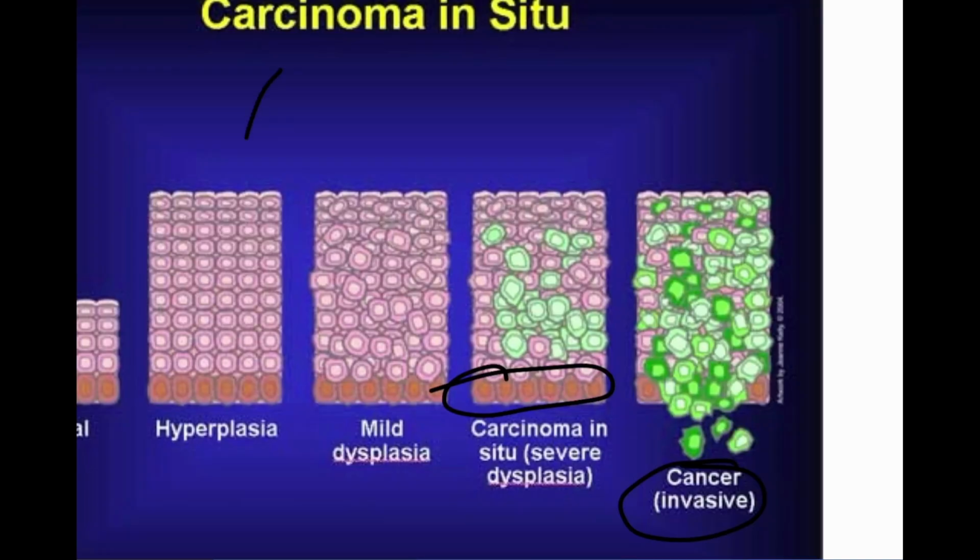Okay, basement membrane is gone. All those green cells start going out and they start going into circulation. And this is how you get metastases. Because now these cancer cells broke out, where are they going to go into? The bloodstream or the lymph and start traveling around the body and go into different areas.